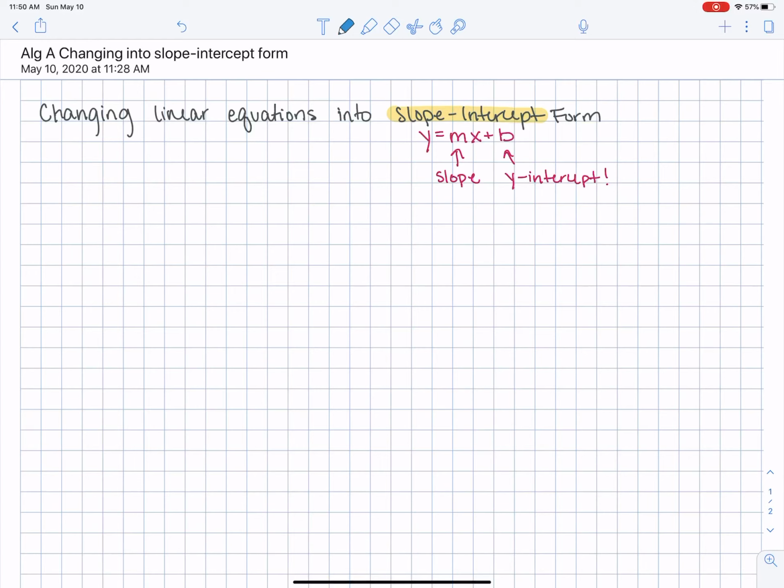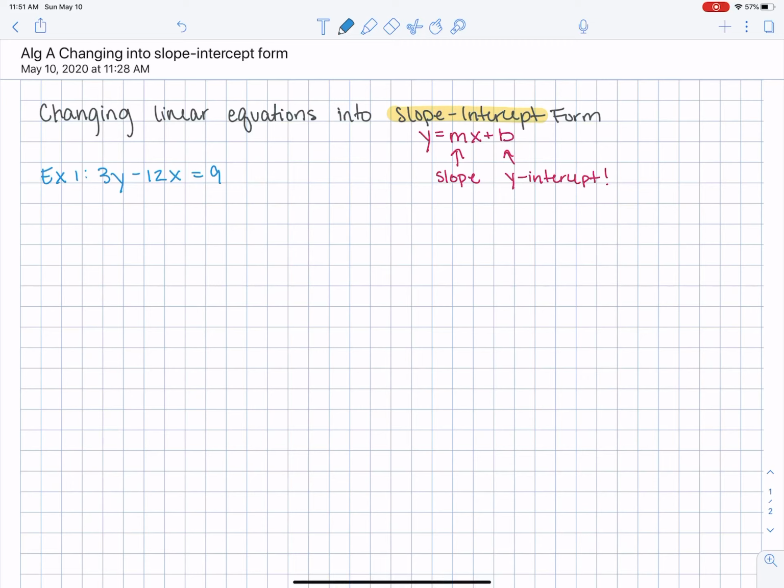I'm going to talk about a few examples here, and then we can hopefully see that you can change any linear equation into slope-intercept form. So for example 1, I'd like to start with 3y minus 12x is equal to 9.